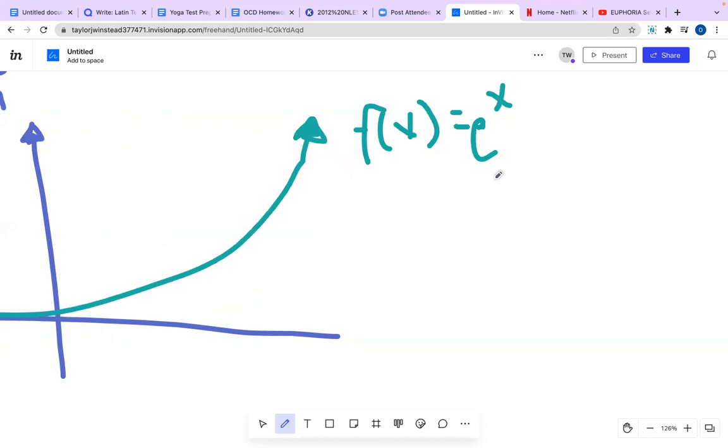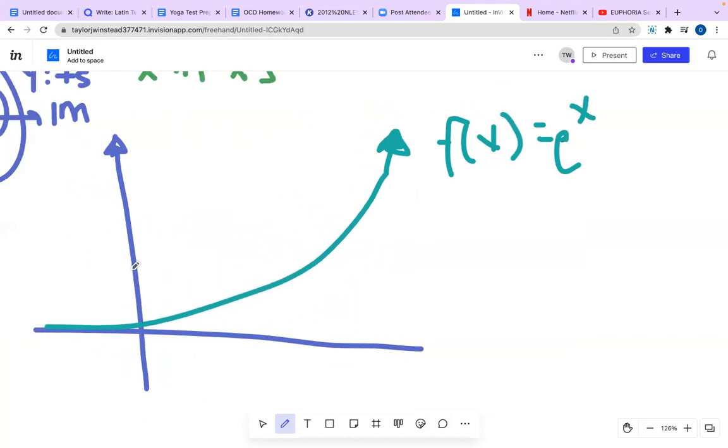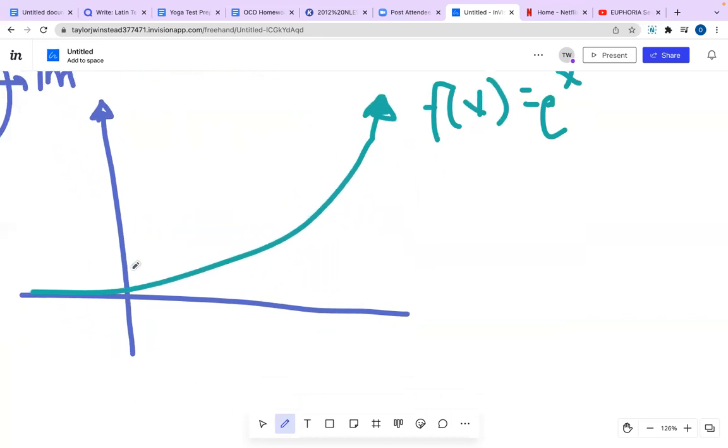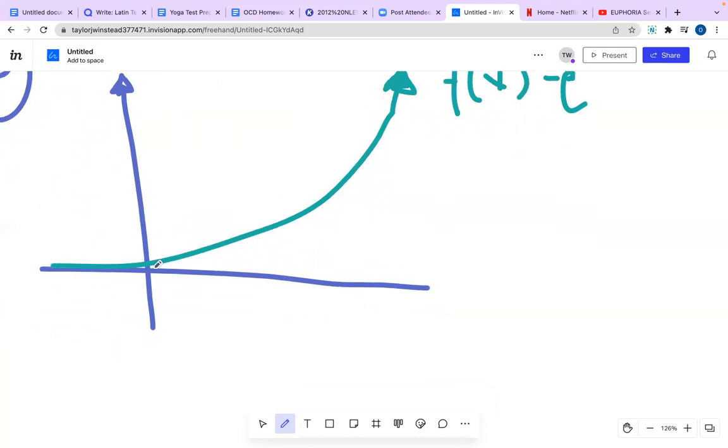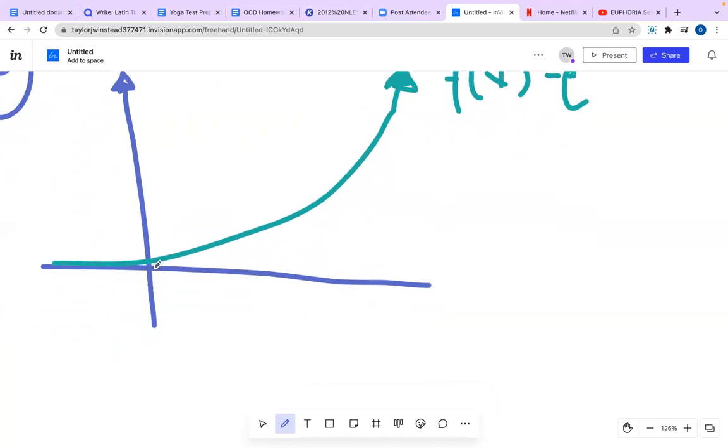The image consists of all positive real numbers, right? And the way that we can think about this is every positive number b can be written as f of ln of b, like every x can be written as ln of b.